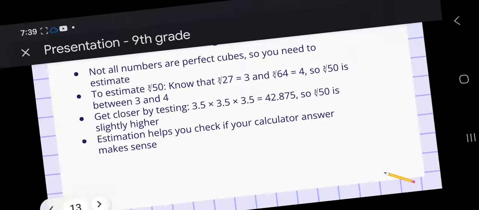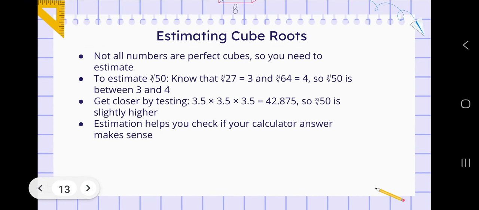So, my rough estimate is going to be around 3.7. So estimation helps you check if your calculator answer makes sense.